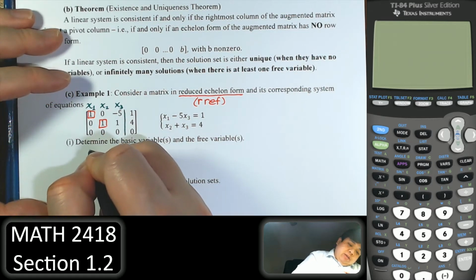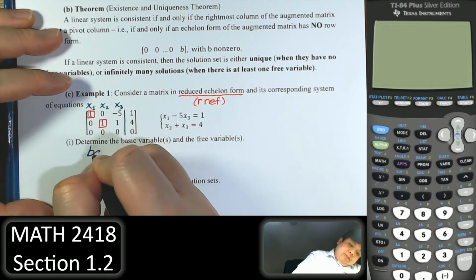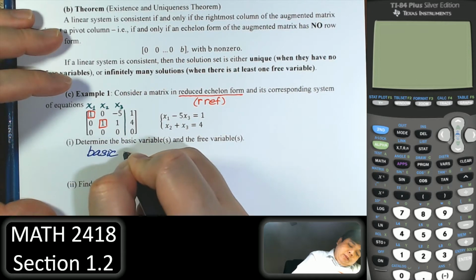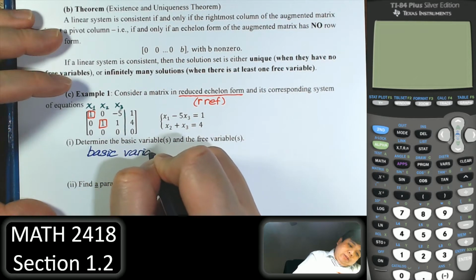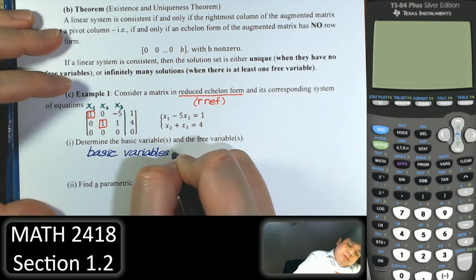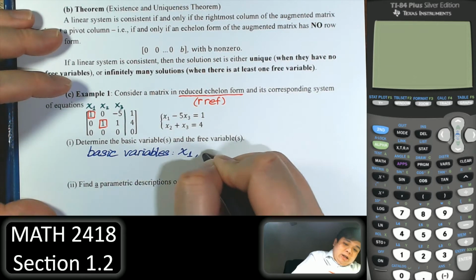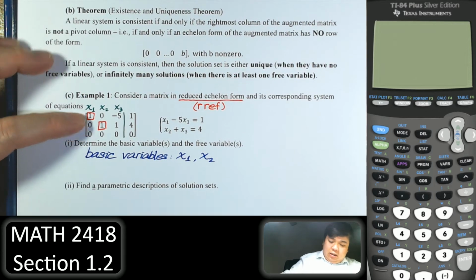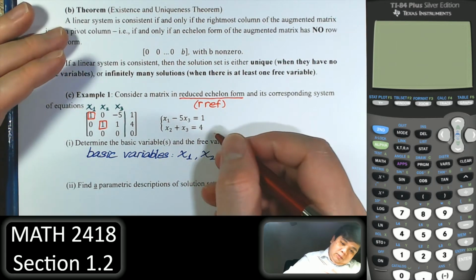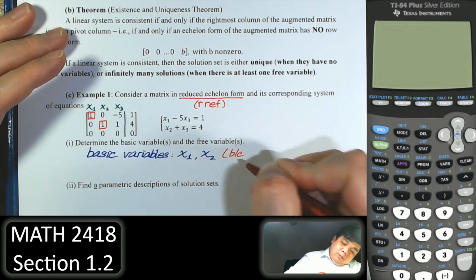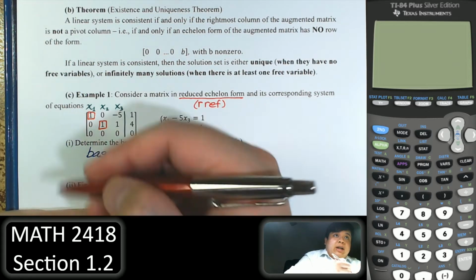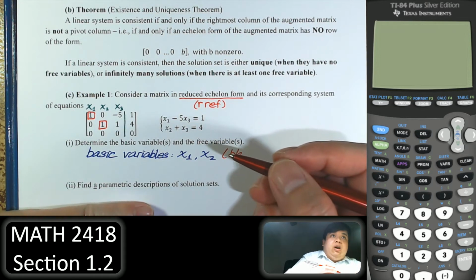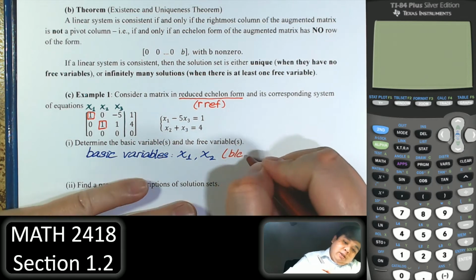So we have the basic variables x1 and x2 because they contain the pivot entry, or because it is the pivot column.